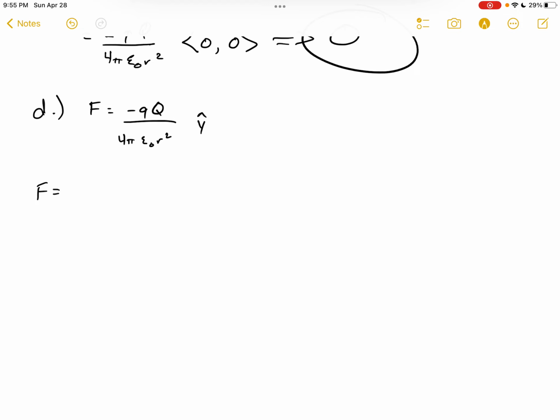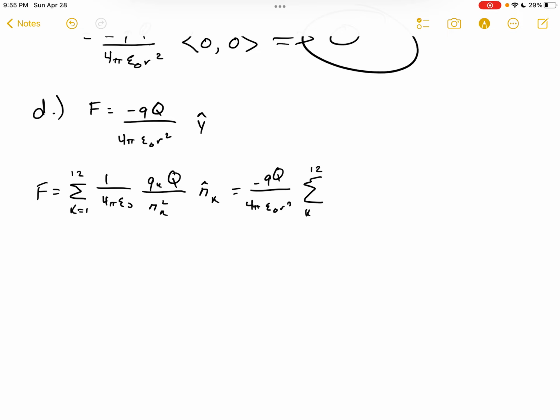So then F will equal 1 over 4 pi epsilon naught, big Q times the sum, r hat, equal to negative q over 4 pi epsilon naught r cubed times the same position vector as before.